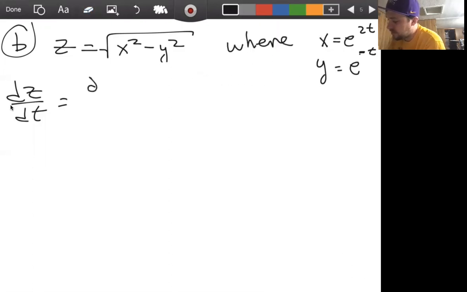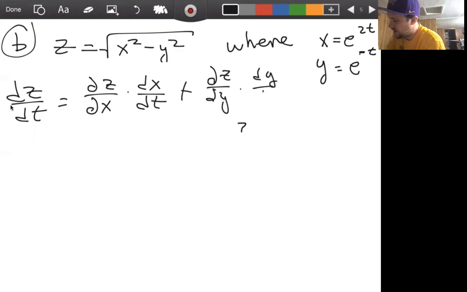use our multivariable chain rule, which remember is partial z partial x times dx dt plus partial z partial y dy dt. And so let's see what we get using the multivariable chain rule.